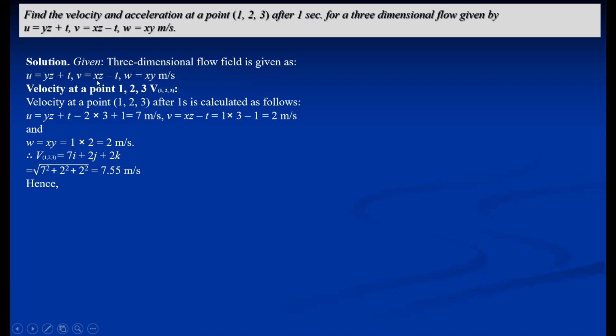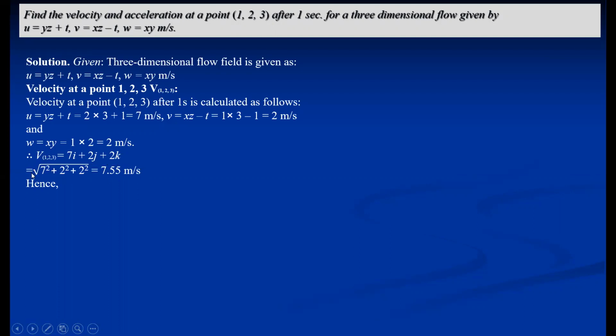The v component, by putting the values of x, z, and t, comes to 2 meters per second. The w component, by putting the values of x and y, comes to 2 meters per second. So the resultant velocity vector is 7i hat plus 2j hat plus 2k hat.